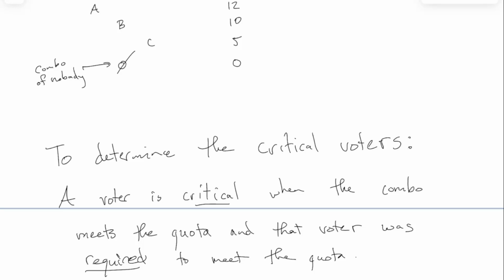All right. So a voter is critical. It means that combination, first of all, meets the quota. If the combination doesn't meet the quota, we don't even care about it at all.